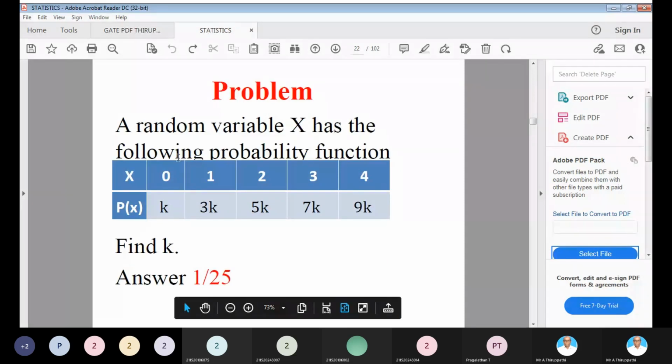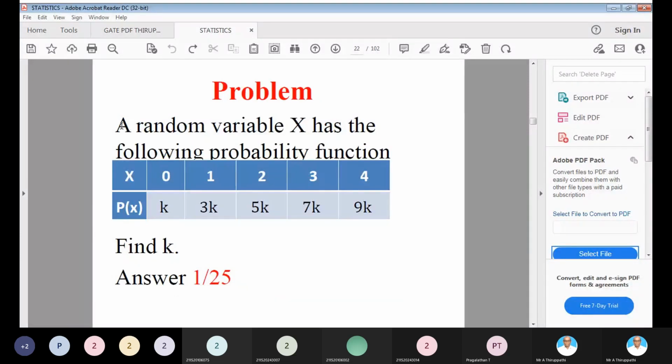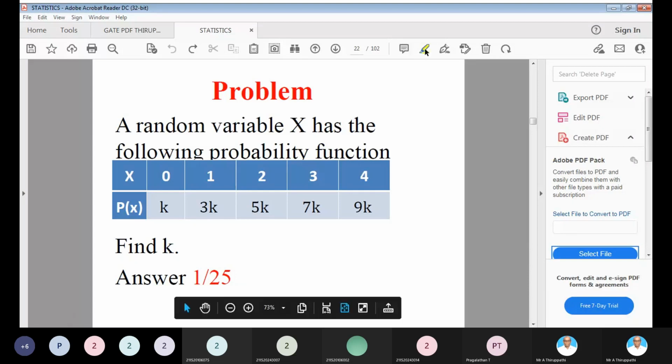Now on to simple problems for discrete random variable. A random variable capital X has the following probability function: x equal to 0, 1, 2, 3, 4, and p of x equal to k, 3k, 5k, 7k, 9k.